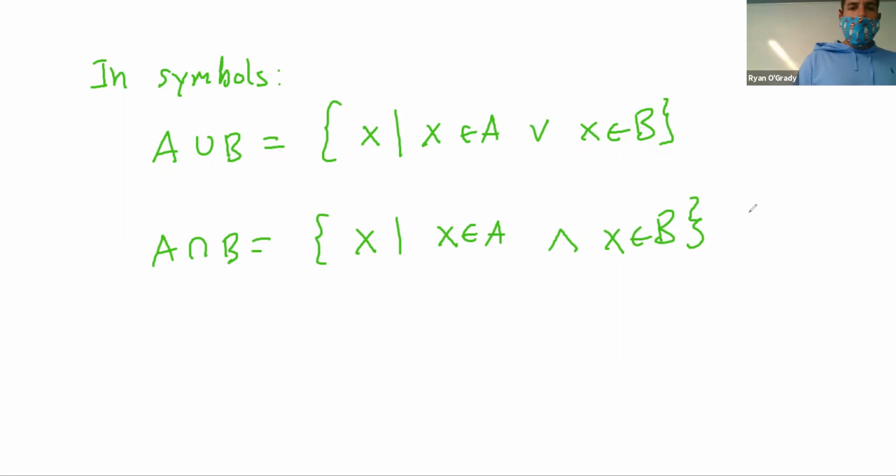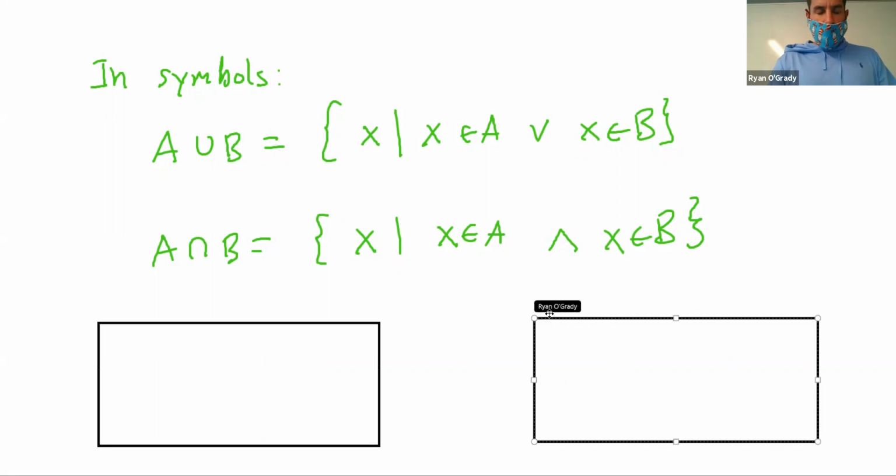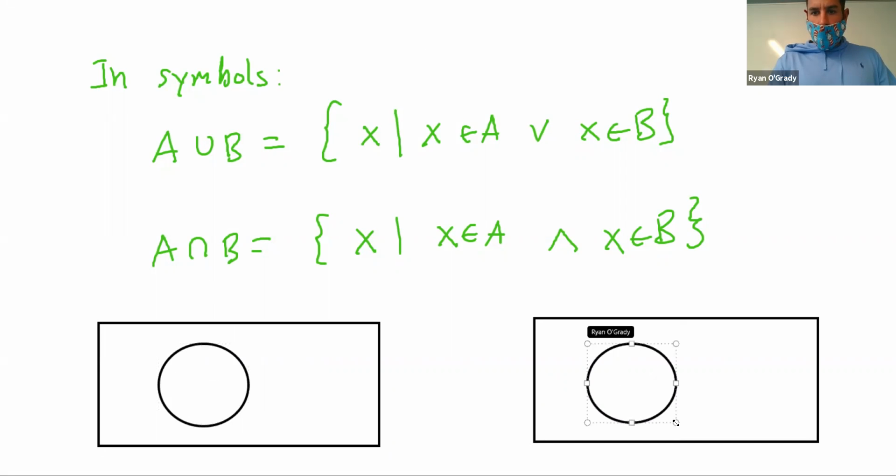And then it's always nice to also look at these things in terms of pictures. So we're going to do that. And the picture we talk about is what's called a Venn diagram. So we're going to draw two of these creatures. So one way to talk about how these things interplay on each other is as follows.